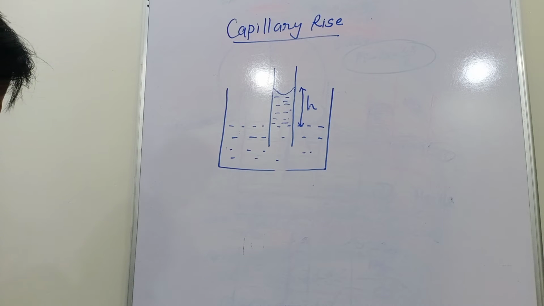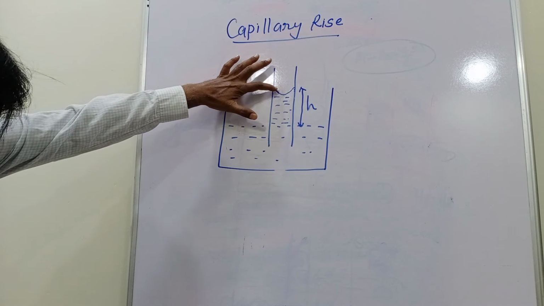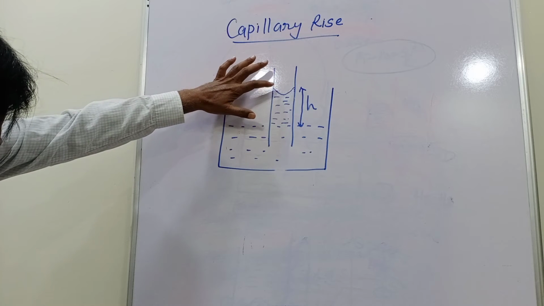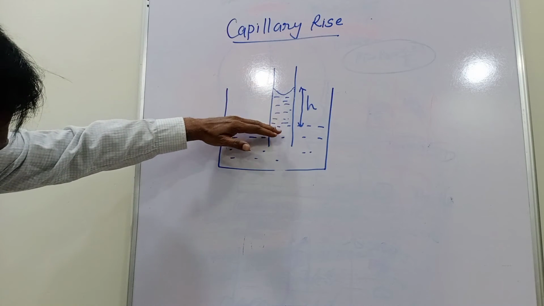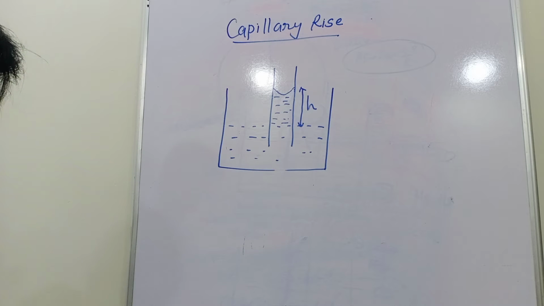This is one of the consequences of the pressure difference across the curved surface. Here we have a liquid and air interface, and the water rises in a narrow tube in spite of gravity. If the tube is very thin, the rise would be very large.